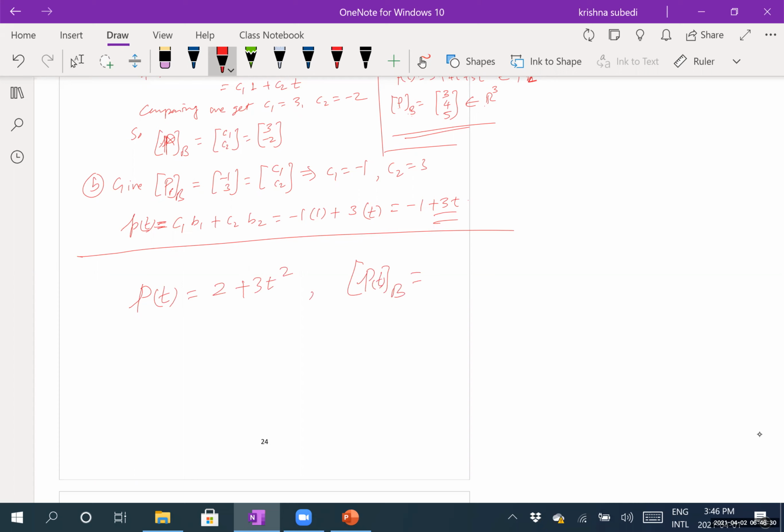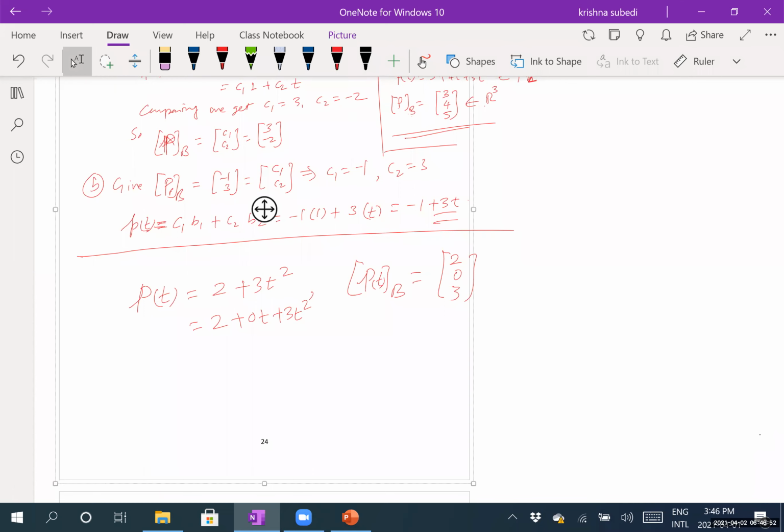How do you find? Well, what you do is you just write down this as 2 plus 0t plus 3t squared. So your b coordinate will be just the constants c1, c2, c3, which means some of you already got the answer there. Thank you. 2, 0, 3.